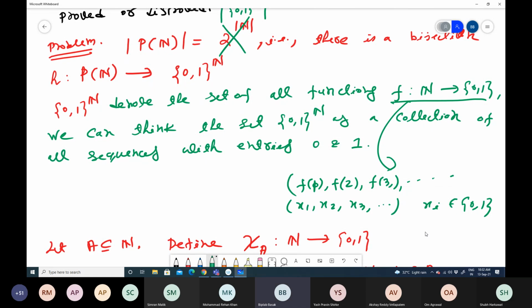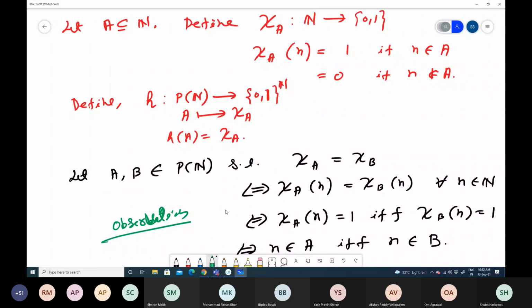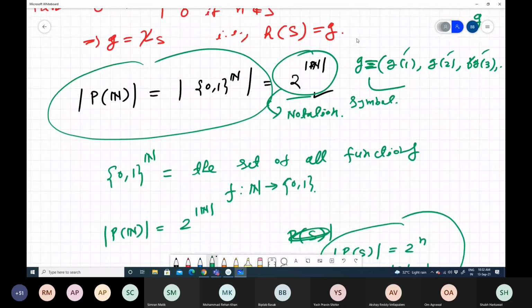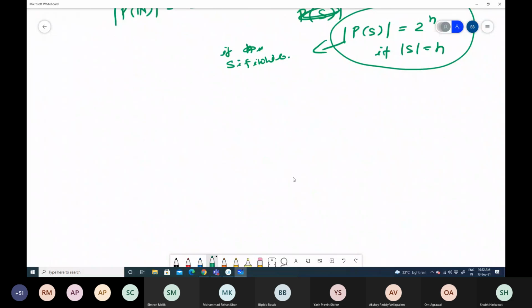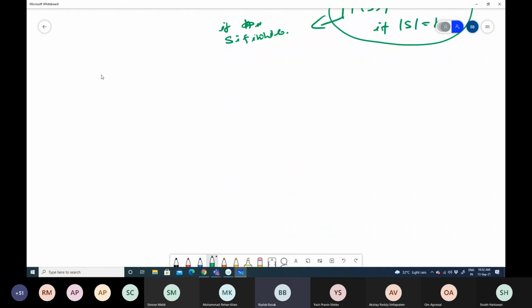Okay, better that you ask so that I clear that out. So we proved that the power set of N and {0,1}^N have the same cardinality.